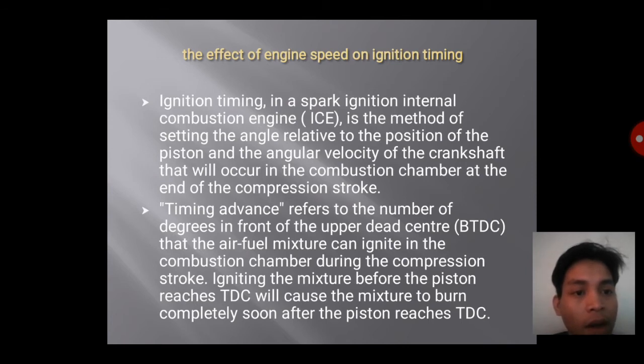The timing event refers to the number of degrees before top dead center that the air-fuel mixture is ignited in the combustion chamber during the compression stroke. Ignition of the mixture before the piston reaches TDC will cause the mixture to burn completely soon after the piston reaches TDC.